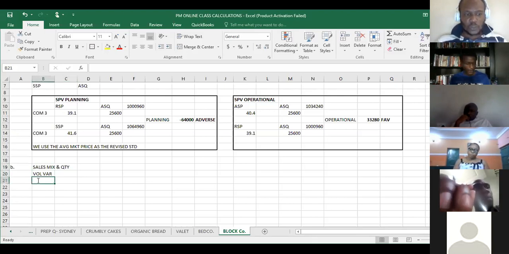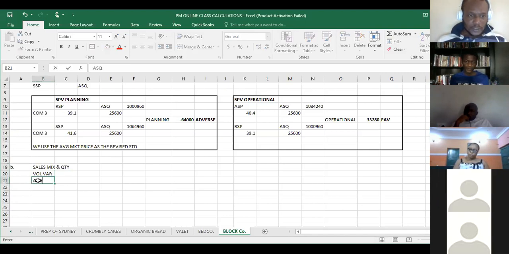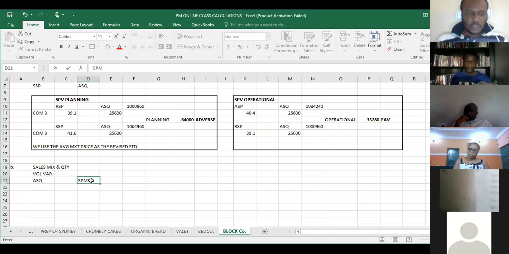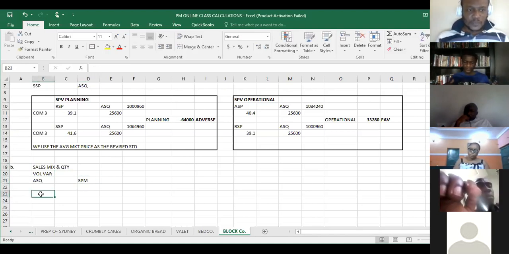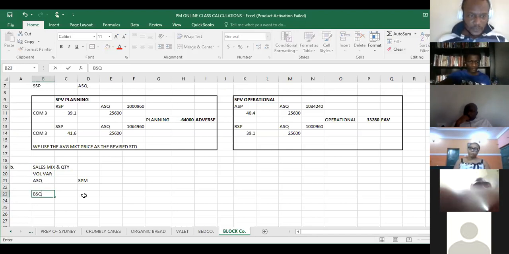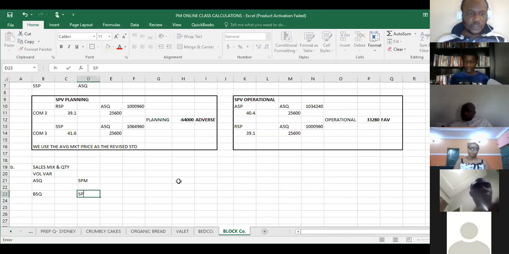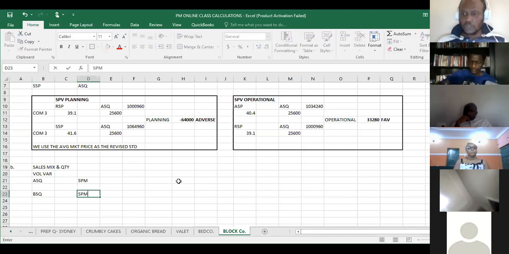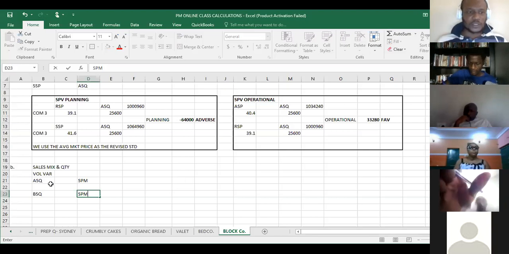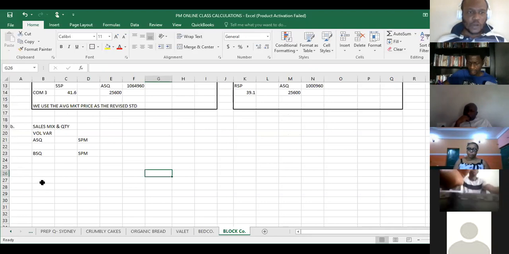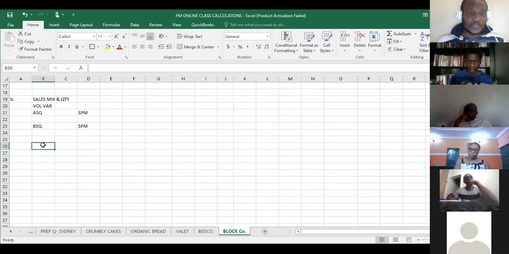Actual sales quantity, standard profit margin. So we're using our standard profit today because they've told us that they use absorption costing, right? And then we have budgeted sales quantity, standard profit margin. Remember, we're doing this for all the commodities in this case, so we'll have to pick our figures carefully.